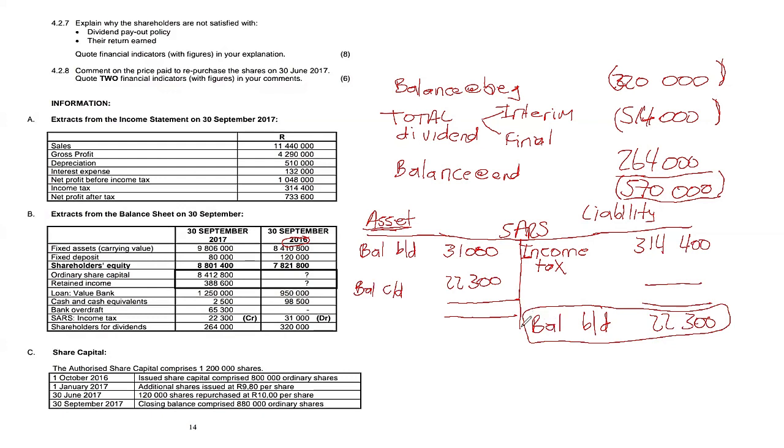Then what you need to do is check which side is greater than the other. So now you have 314,400 on the credit side, meaning our credit side is greater than our debit side. Our total is going to be 314,400, and here also it's going to be 314,400.